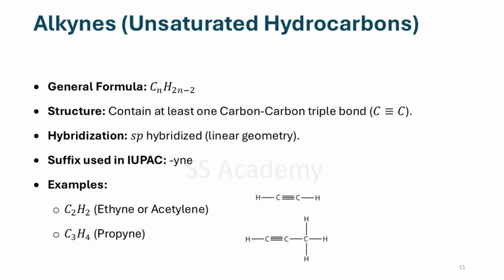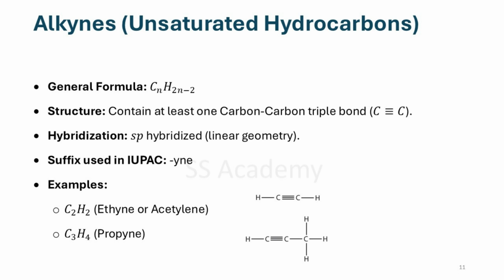Next up are the alkynes. These have a powerful triple bond and follow the formula CnH2n-2. Remember, the formula for alkane is CnH2n+2. In alkene, 2 hydrogens are removed, so it becomes CnH2n.